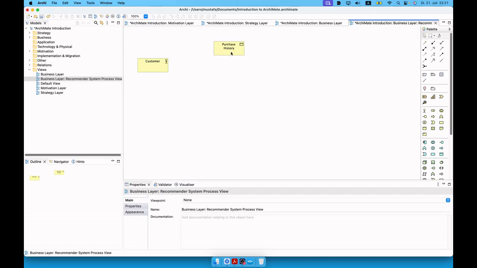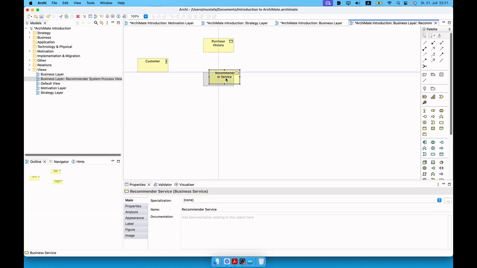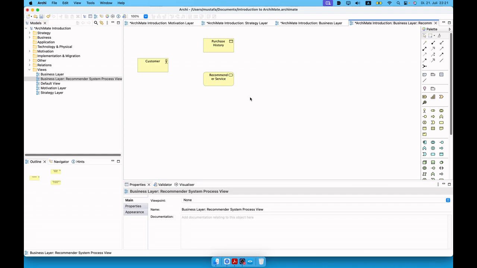So we have the purchase history, and then we have a business service. This business service is the recommender system, the recommender system service, we can call it recommender service. And then what we can also include in the diagram is the product.